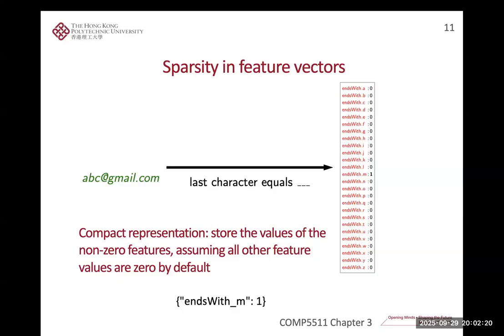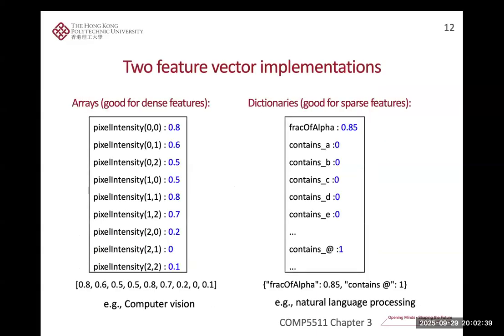So here we will not use all of the features at the same time. Our representation will use a dictionary, a more compact representation, with key values to store the features. So this is what we call two different vector implementations. One is dense, the matrix representation, or what we call arrays.